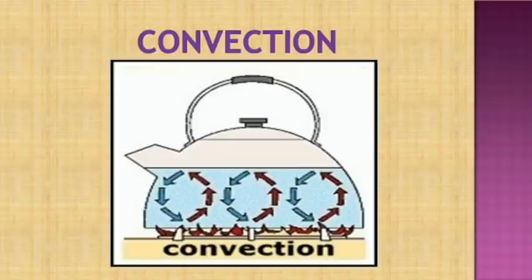In this picture, we can see the water boiling in a kettle. The red arrow shows the hot water particles moving up, and the blue arrow shows the cool water particles moving down in a cycle, thereby heating up the water completely in the kettle.